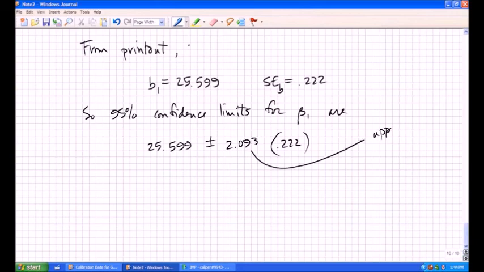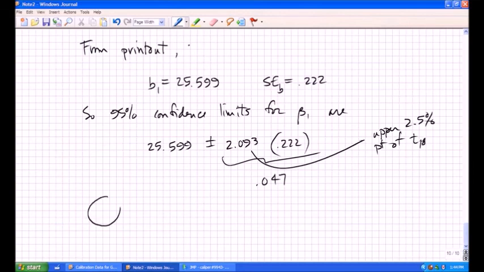That's the upper 2.5% point of t with degrees of freedom, sample size, number of data points minus 2, that's 18, and that is 0.047.